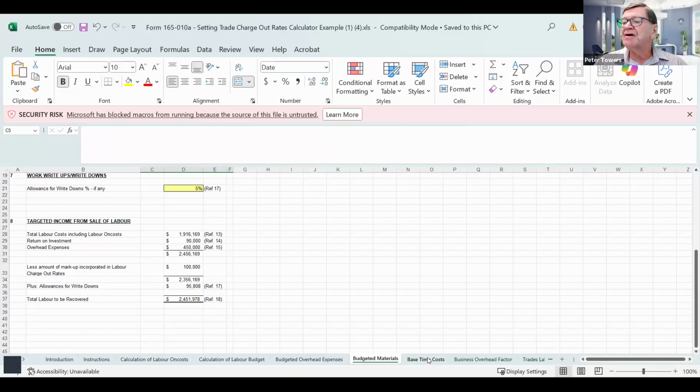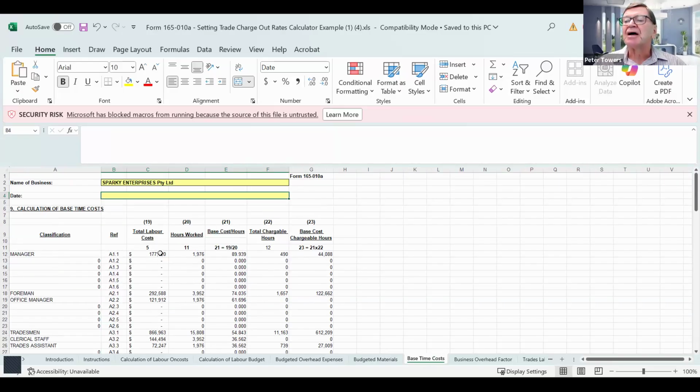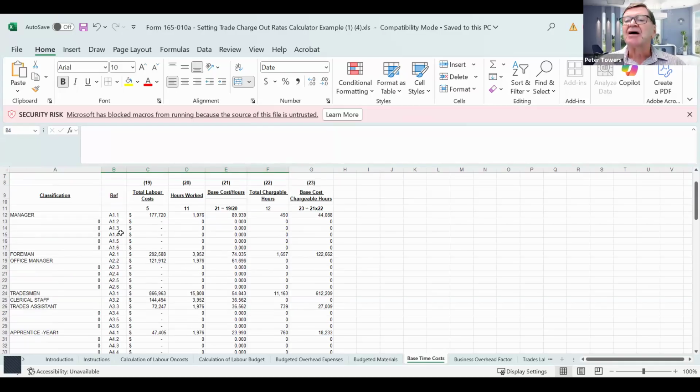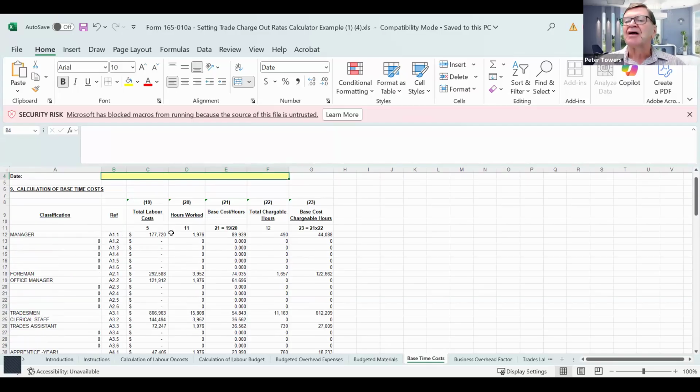We then move into some calculations whereby the system calculates the base cost per chargeable hour for each of the categories. And again, we are consistent. We are using those same reference numbers, and obviously there's blanks for some of them because we didn't use them. So the figures are transferred across, including the hours worked, calculates a base cost per hour based on the labour cost.